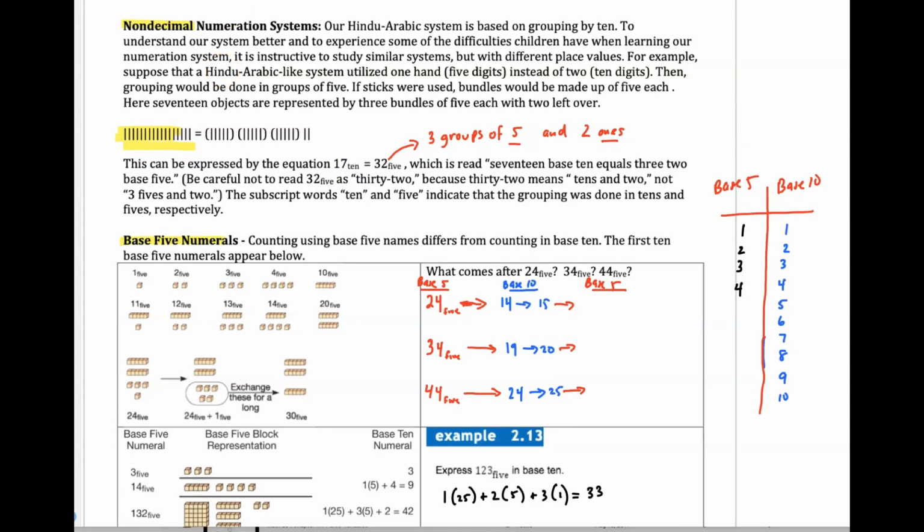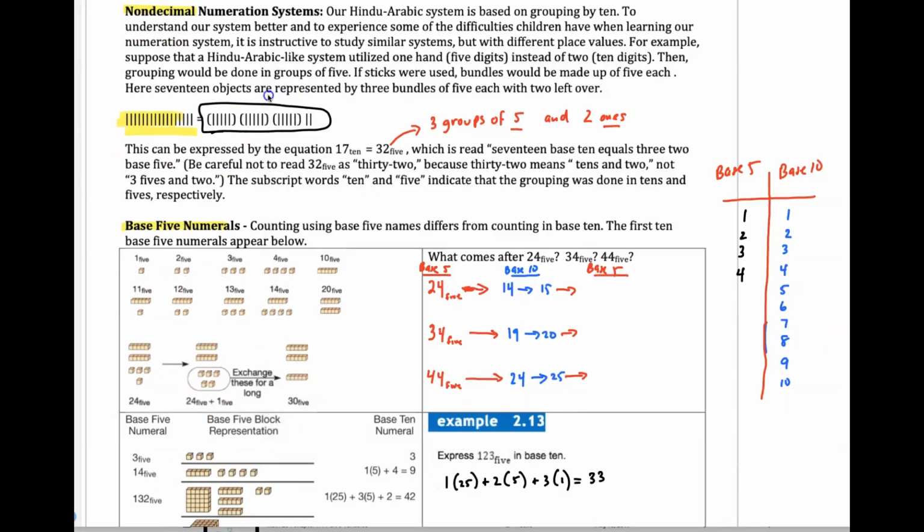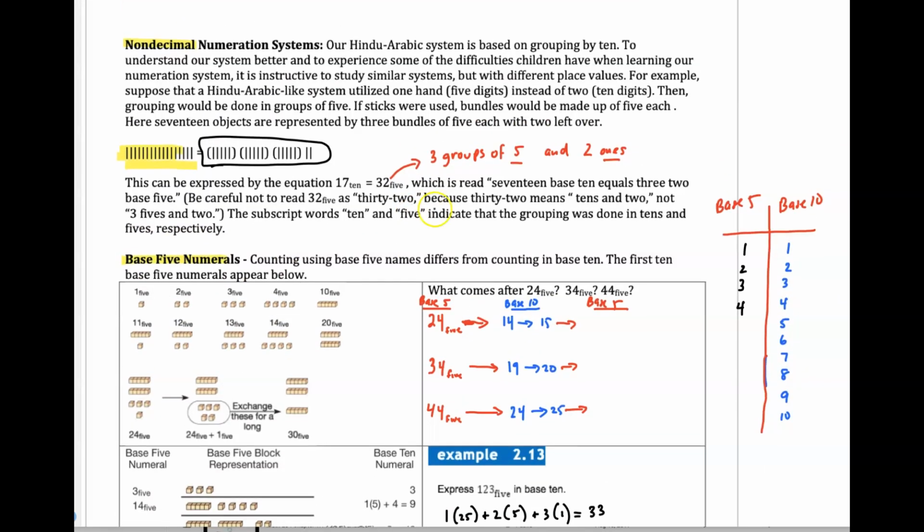If we wanted to convert that into what we call a base 5 number system, you group the objects by powers of 5. Now we want to group these objects. You can see the 17 can be grouped in 3 groups of 5 and 2 ones.